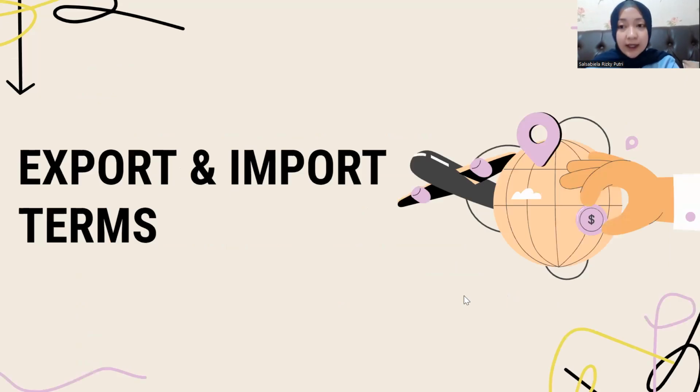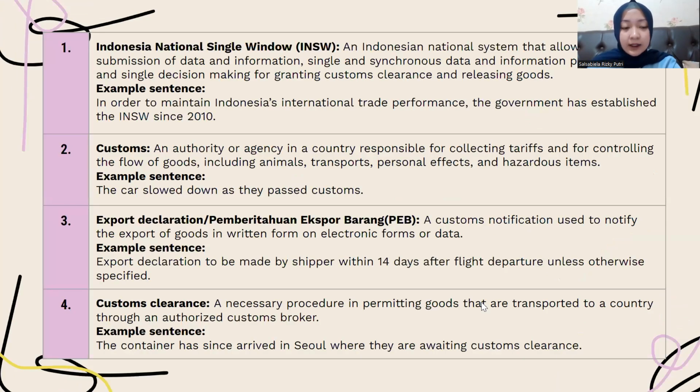And we're going to the last topic. It's export and import terms. The first term is Indonesia National Single Window, or INSW, an Indonesian national system that allows for a single submission of data and information, single and synchronous data and information processing, and single decision making for granting customs clearance and releasing goods.